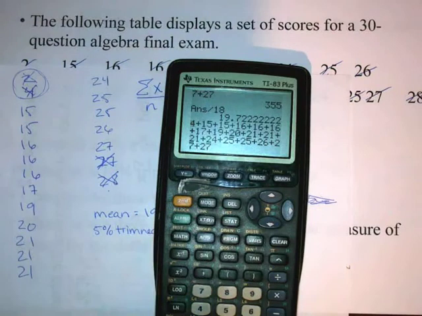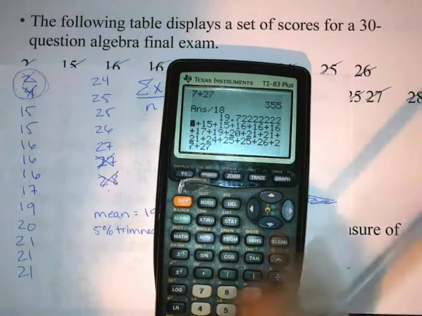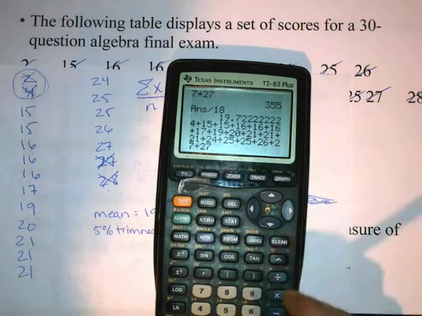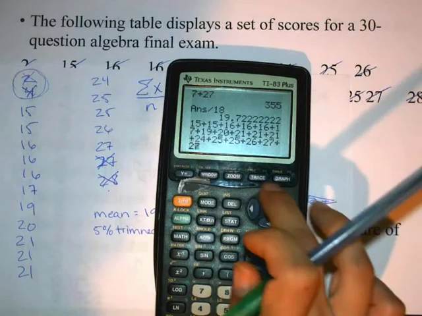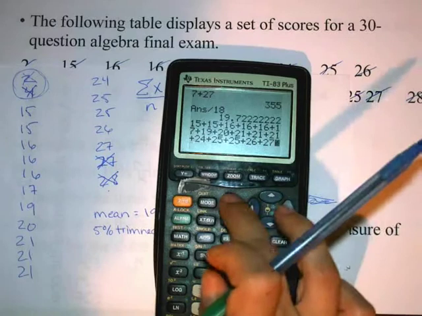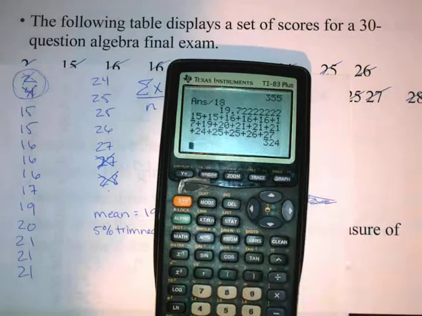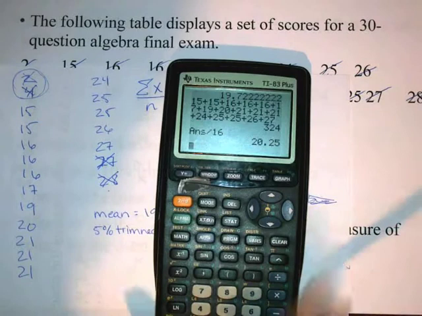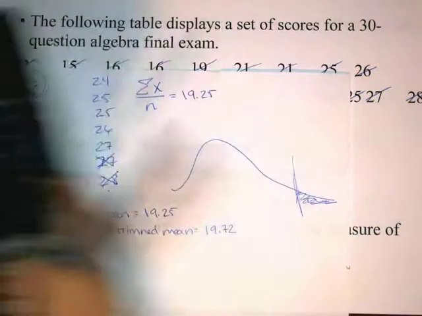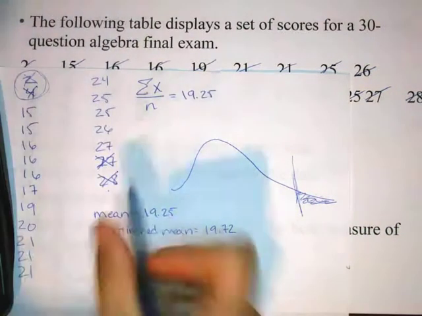Now this is getting rid of both of our outliers, so this is probably going to be a more representative mean that's not strongly influenced by the 2 and 4. We'll get rid of the 4 and the last 27, and now we're going to divide by 16 because we only have 16 entries now. And I get 20.25.